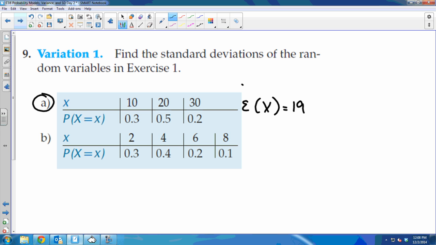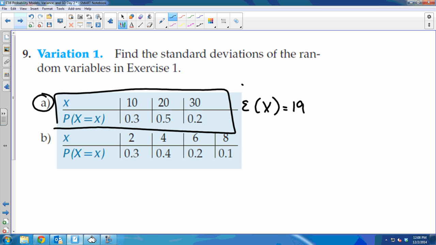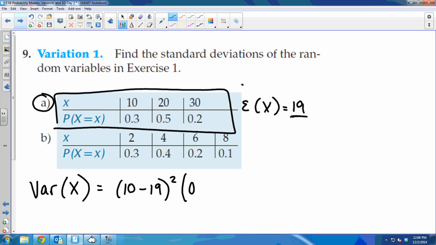Okay? So I'm going to find the standard deviation for this probability model. So here's what we do. We're going to find the variance first, and then we're going to take the square root at the end. So we take each outcome, we subtract the expected value, we square that, deviation from the mean, and we multiply by the associated probability.